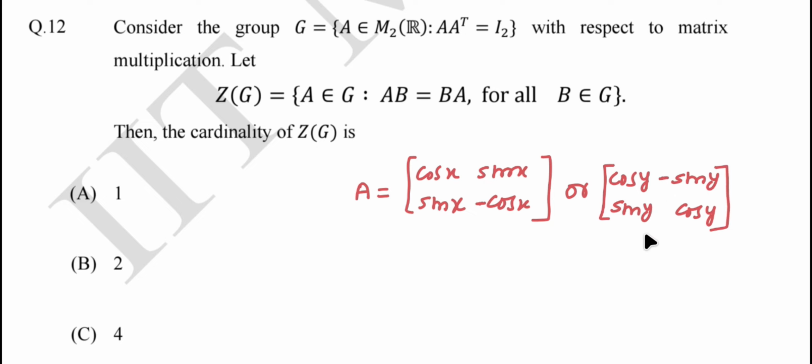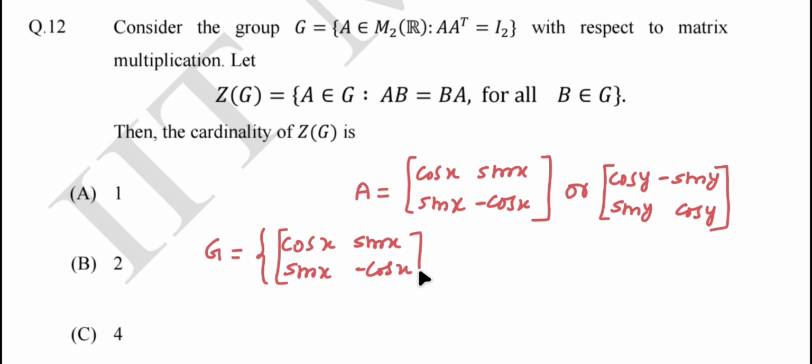In a nutshell, remember that we have to keep three entries with one sign and the fourth entry with the opposite sign. All those elements will satisfy this relation, hence those are the members of this group G. So now we are able to write some members of that group G.